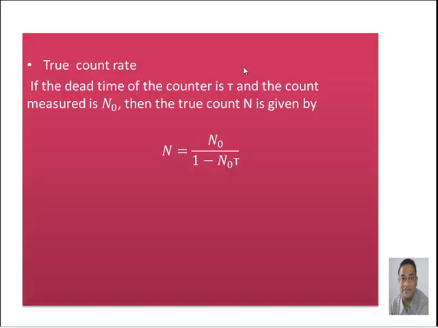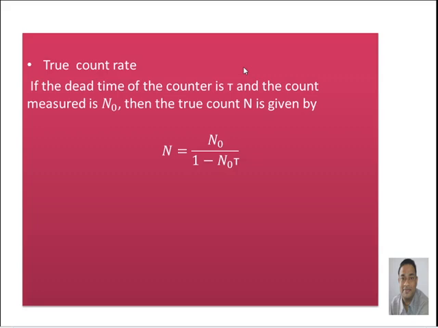Now, the number of charged particles entering the GM counter may not be counted very accurately. Some false counts can also be present in the counting by the counter.